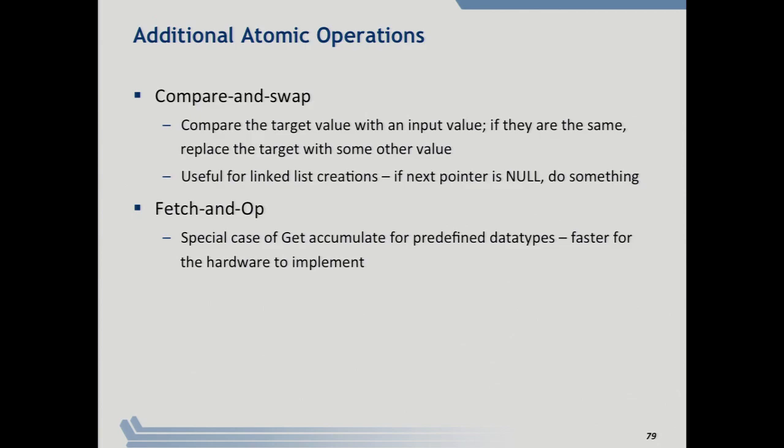There have already been examples in the past where some systems have implemented effectively part of fetch and op operations in their network hardware, at least for limited sets of data types. So you can imagine a network controller implementing this for integer data types and then maybe punting floating point off to the CPU.